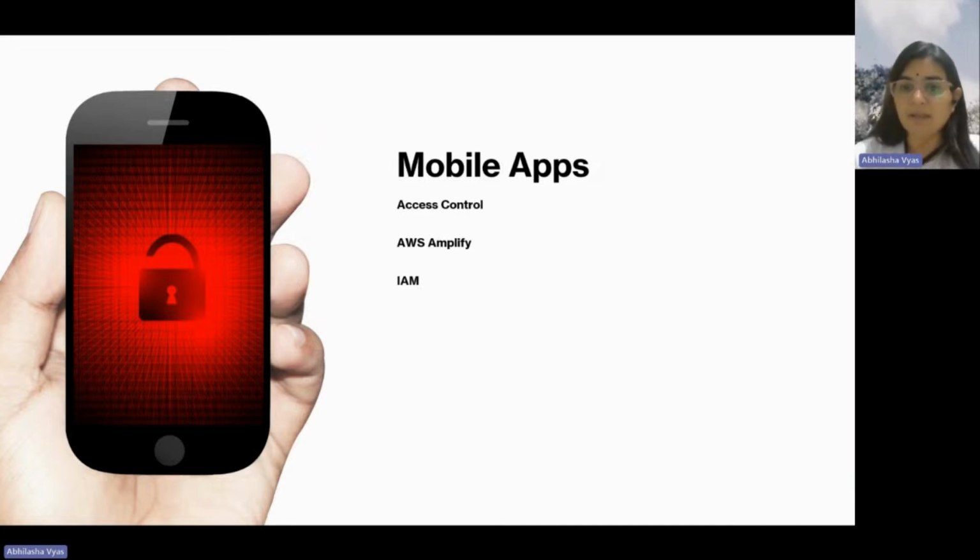Amplify is again a platform which helps us in creating secure mobile applications with the tools given for authentication and authorization, and for data storage we can use the services which are available. And IAM we can use for authorizing and accessing the applications for the user. So let me share my screen to show you what all things, let me reshare my screen rather.